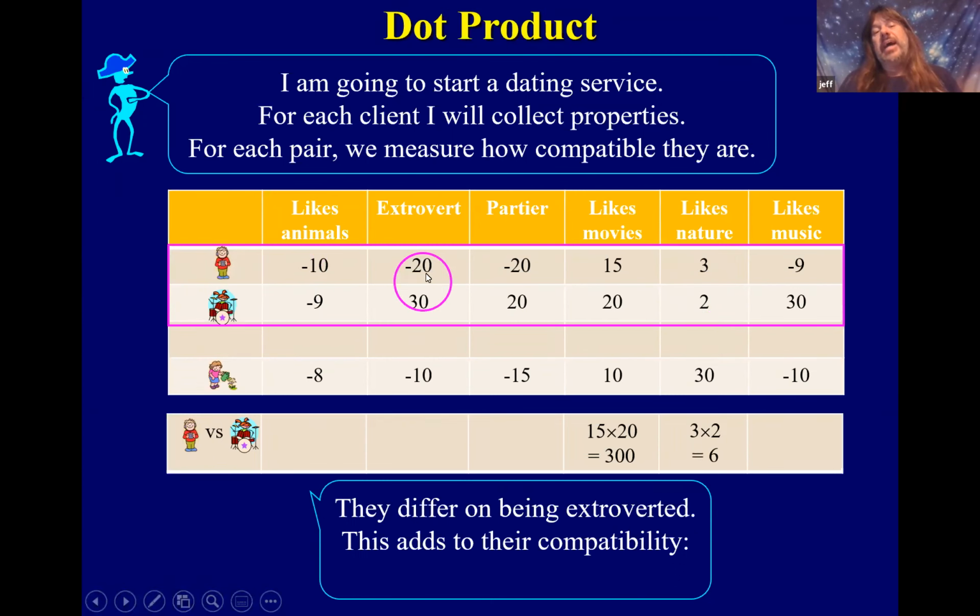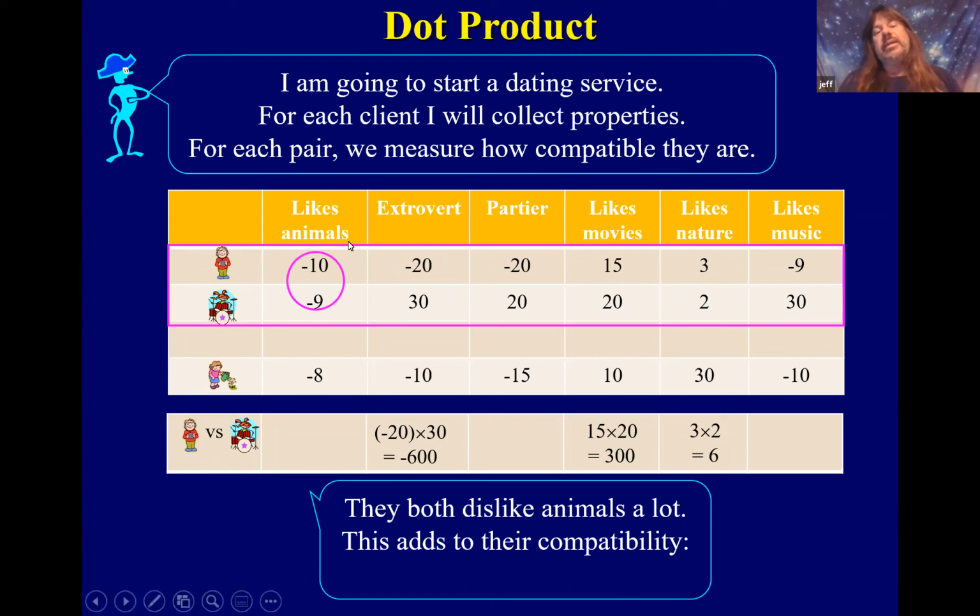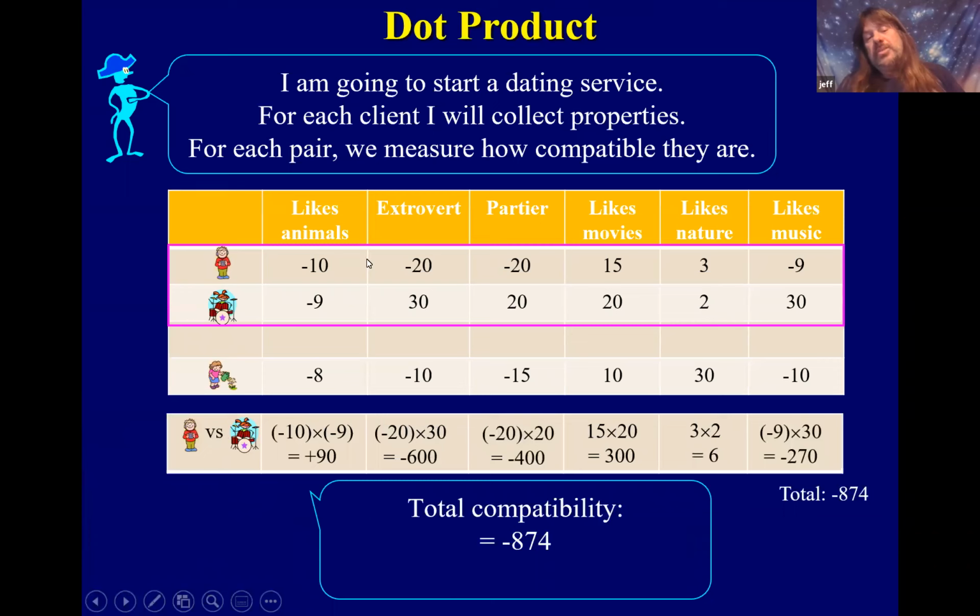One is very introverted and one's very extroverted, right? We have a positive and a negative number, so they multiply to give a big negative number, and that detracts from their compatibility. While here, neither of them like animals, and you take the product of two negative numbers, you get a big positive number. You multiply each of those and add them up.